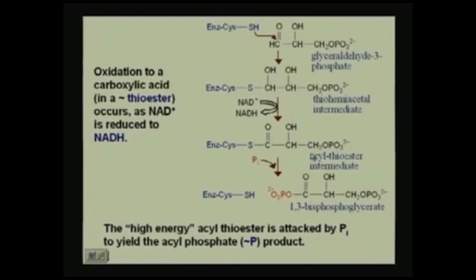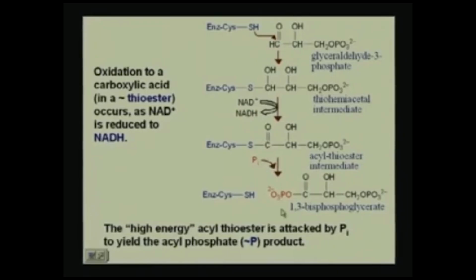Now the Pi, that is the phosphate, comes and cleaves the S-C bond, and your enzyme is regenerated. In the event, the phosphate adds on to the first carbon atom.